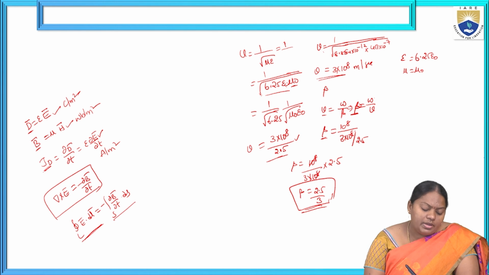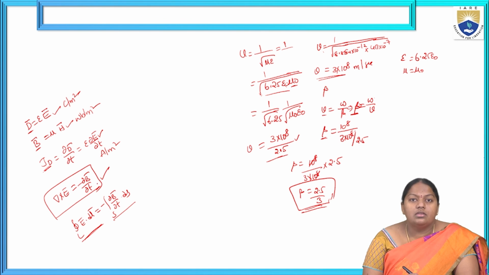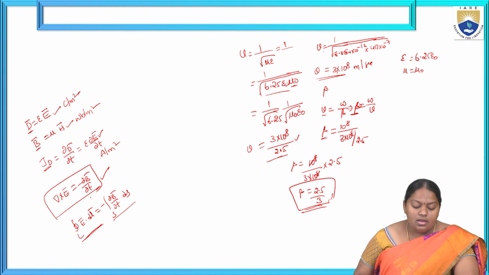If you compare the point form or differential form to the integral form, it is easier to solve problems based upon Faraday's law. That's why we always use the point form or differential form of Faraday's law for time varying fields to solve the problems based upon this Faraday's law.